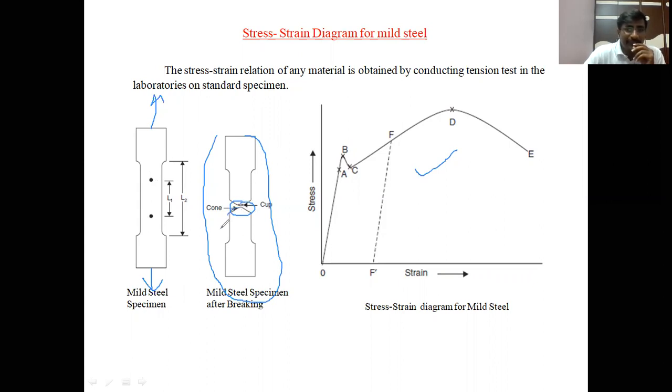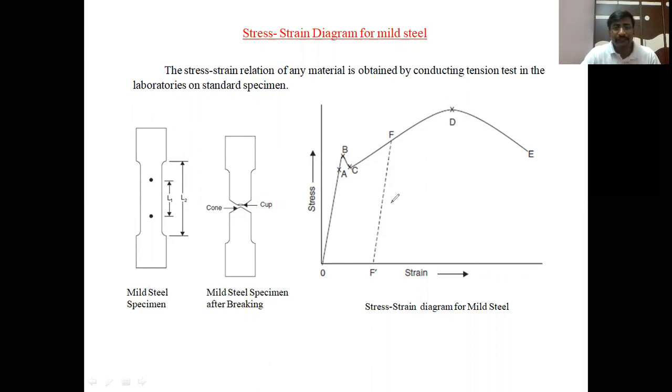One part of the specimen is called the male part, and another part is the female part. The male part consists of the breaking area in the form of a cone, and in the female part, a cup shape is formed in the place of the breaking area. Clear?